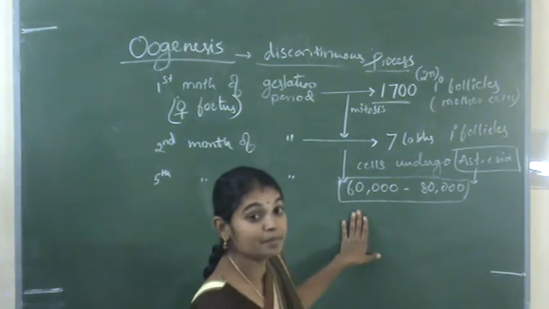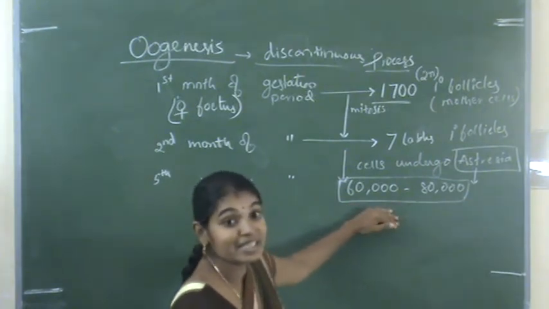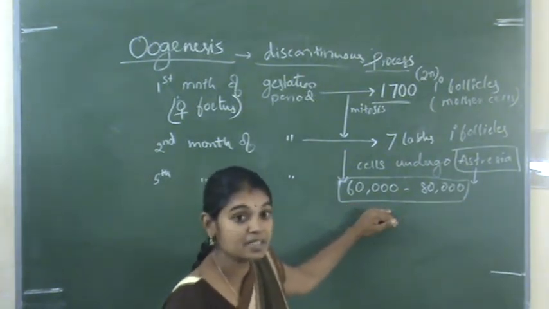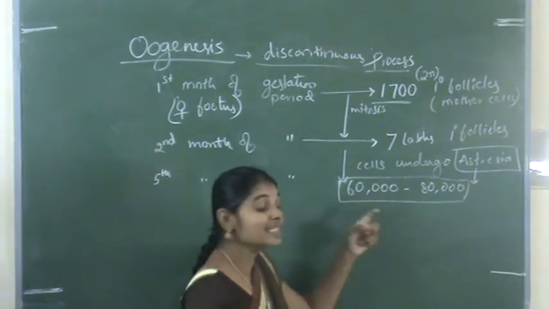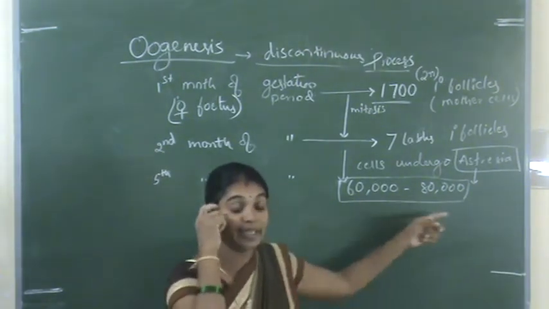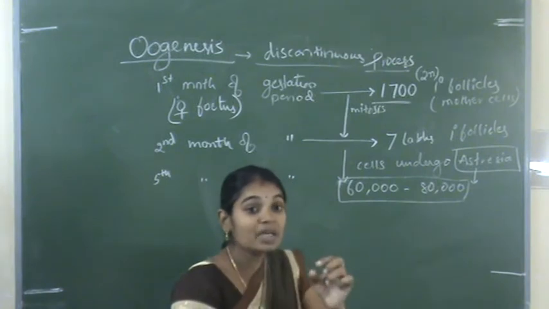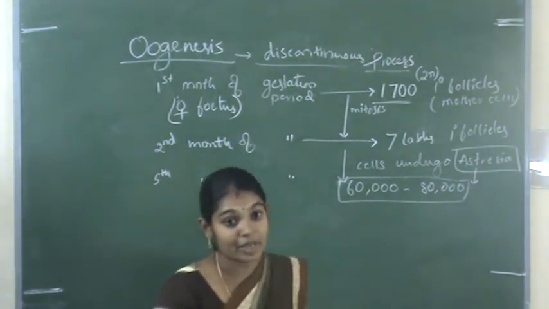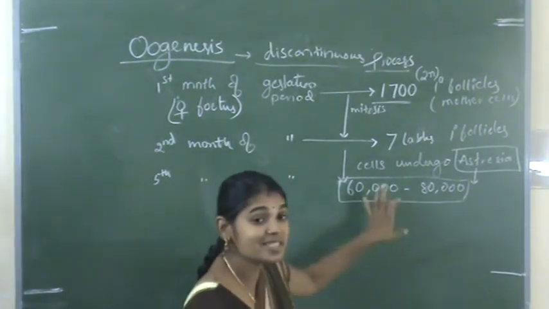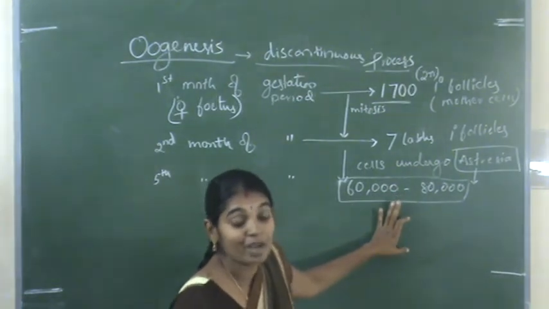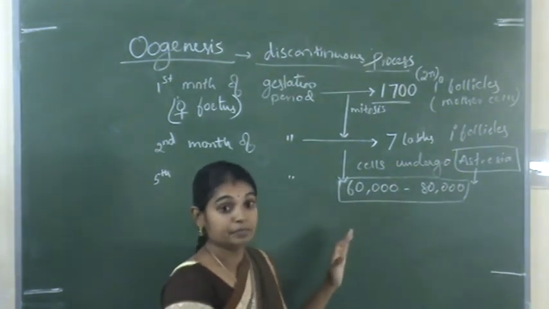Then this number is maintained, but out of these 60 to 80,000 cells, only a few cells develop into eggs. Not all these cells develop into eggs.